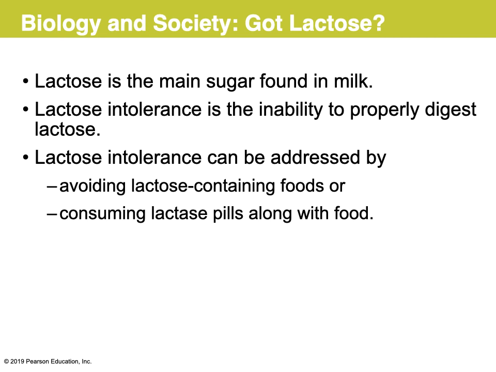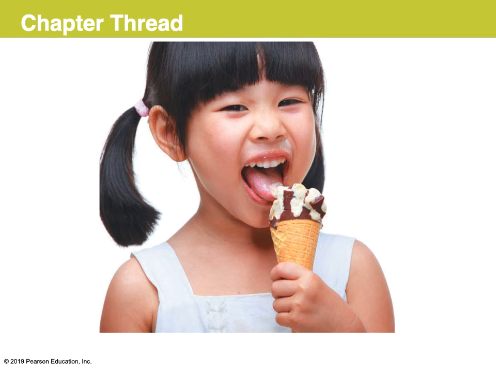A sugar often ends with OSE, so lactose is milk sugar. An enzyme often ends with ASE. So the enzyme, the protein that breaks down milk sugar, that breaks down lactose, is called lactase. So with lactase, even the lactose intolerant can enjoy the wonder of ice cream.